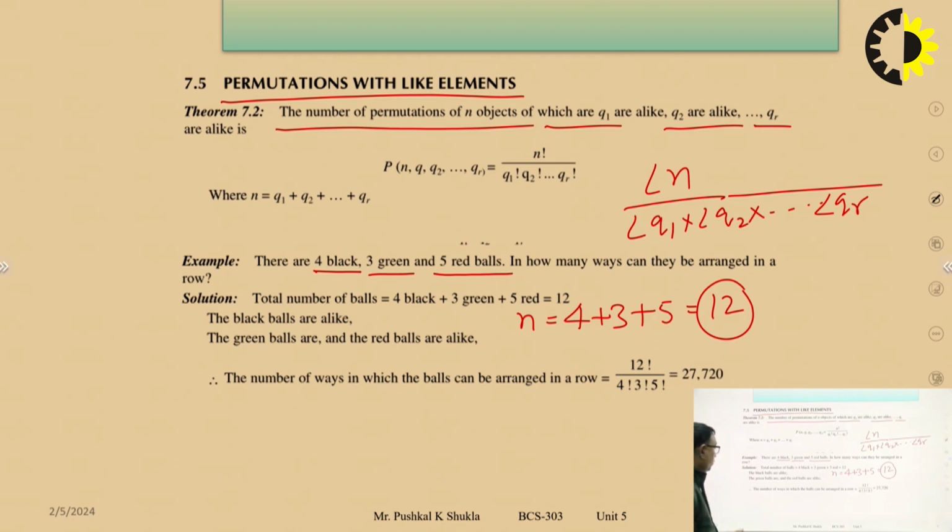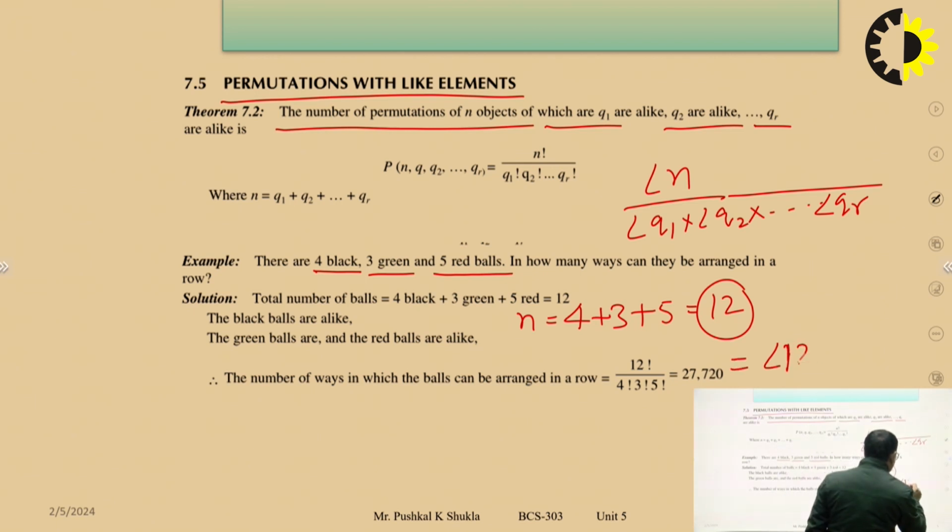So the total number of permutations will be factorial 12, that is n, divided by factorial 4 into factorial 3 into factorial 5.